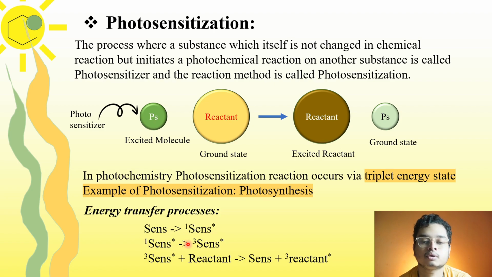Now it undergoes intersystem crossing from the singlet state to the triplet state in an activated molecule, and then this triplet excited sensitizer reacts with the reactant, and it transfers the whole energy to the reactant and the sensitizer comes back to the ground state. Now the reactant is in the excited state, and the reactant now goes into different reactions.